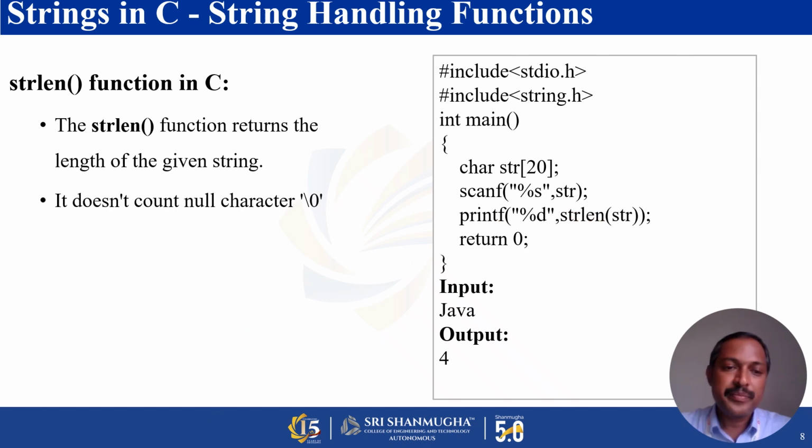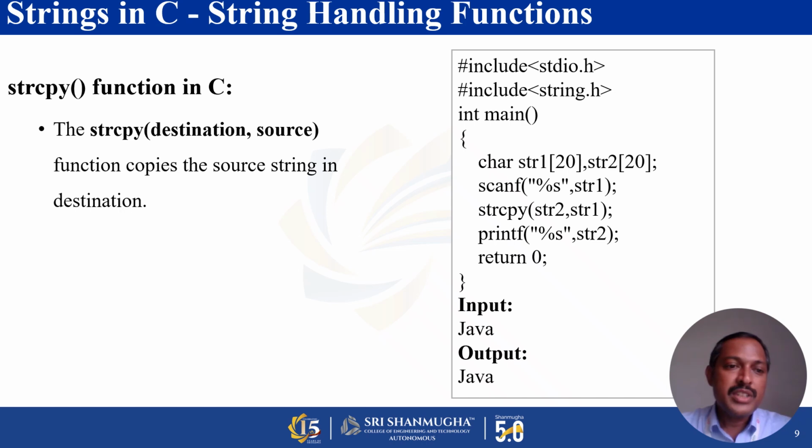The next is the strcpy function, which is used to copy content from one string into another string. The syntax is strcpy of destination comma source; the content present in source is copied into destination.